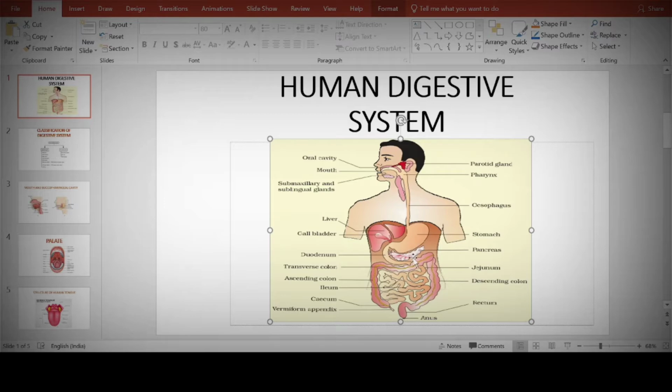On moving further, you can see the pancreas. This is also a very important part that plays a vital role in digestion.